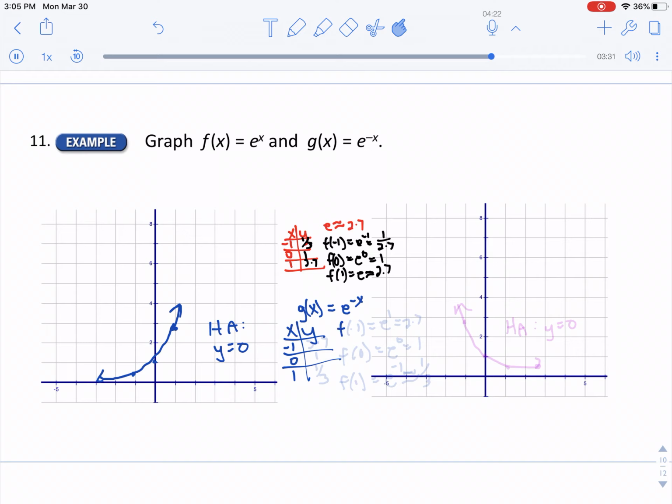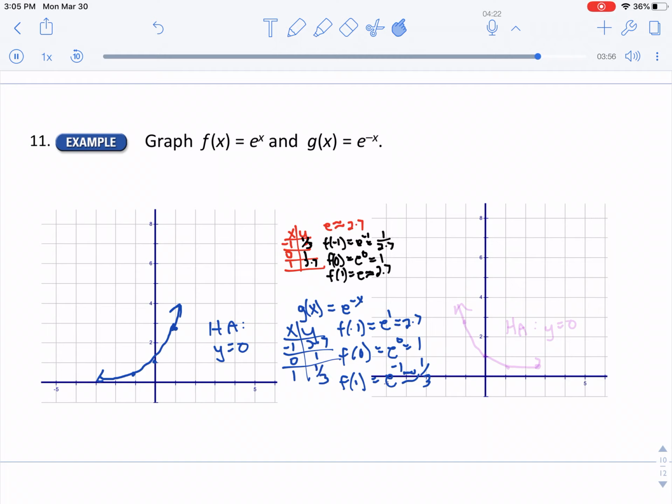Now we've got f of negative 1 is going to be e to the opposite of negative 1, which is e to the 1, which is approximately 2.7. And then f of 0 is e to the 0 power, which is 1. And then f of 1 is e to the negative 1 power, which is approximately 1/3.